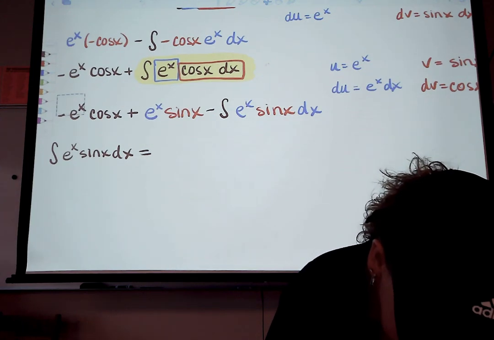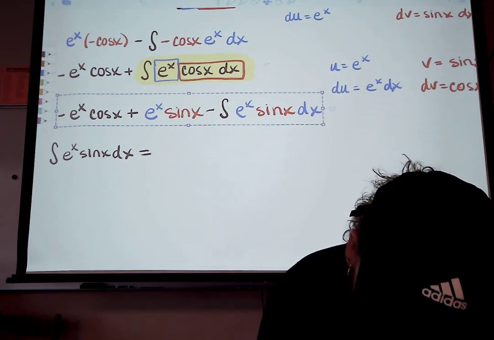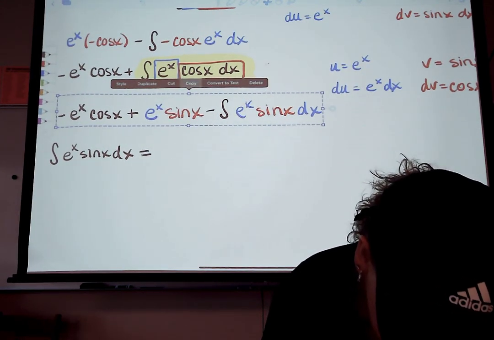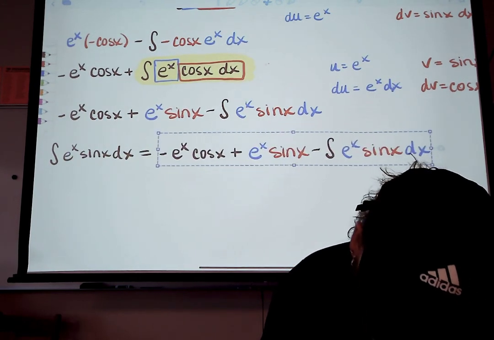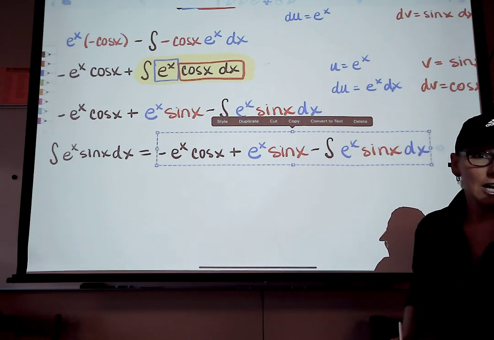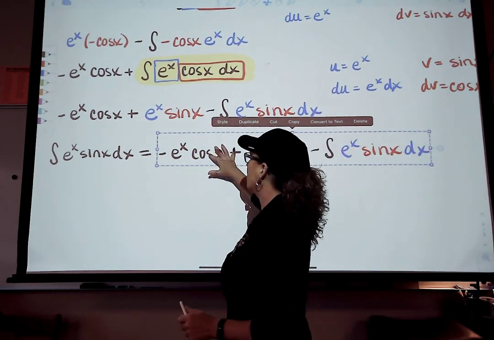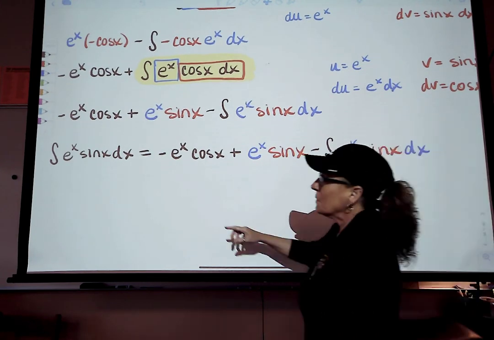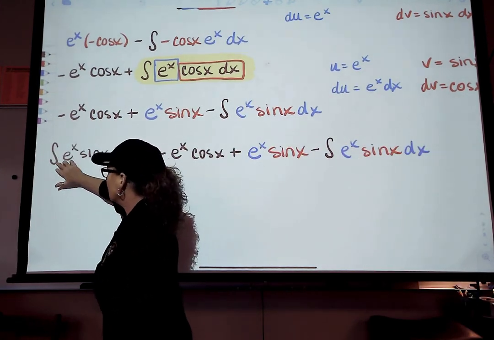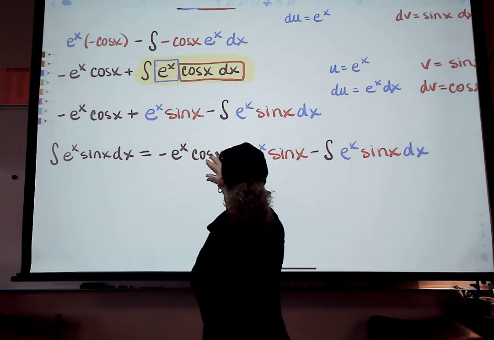Well, so far, I just copied this line and pasted it down here. So far, that's what I've gotten. So this is what I need the answer to. The integral is equal to blah, blah, blah.